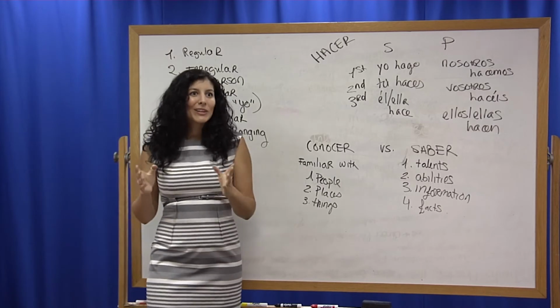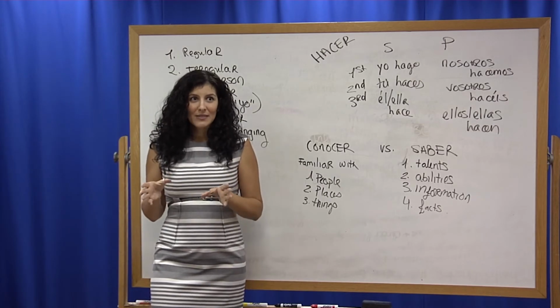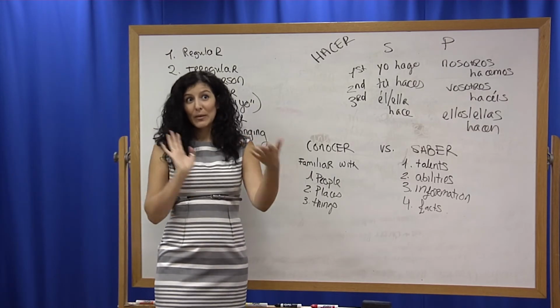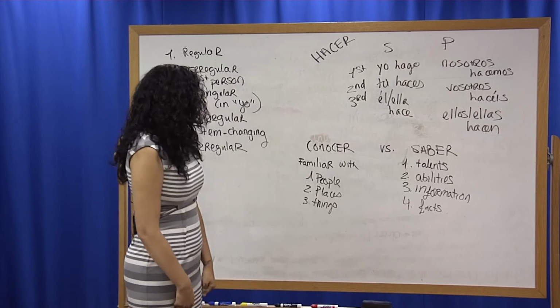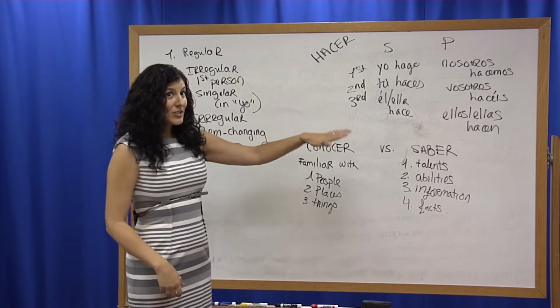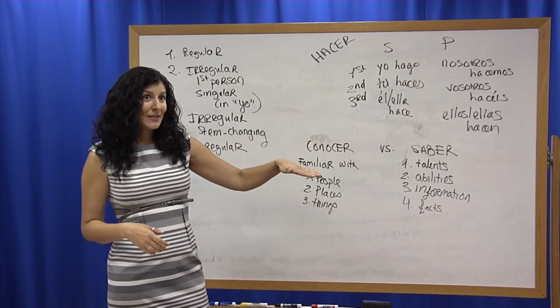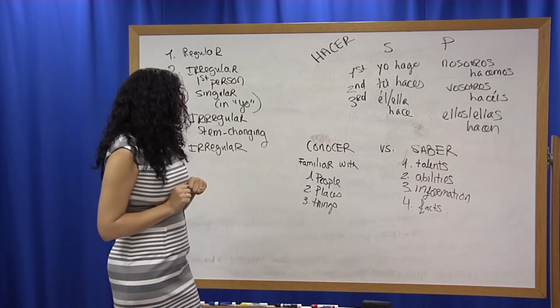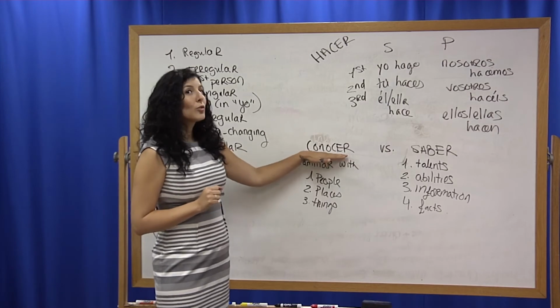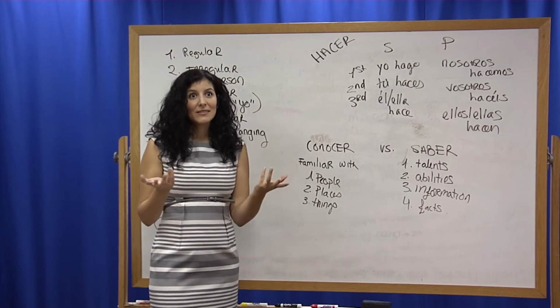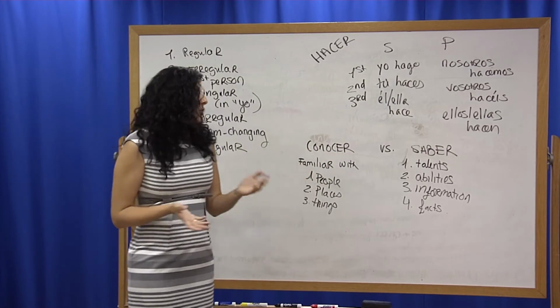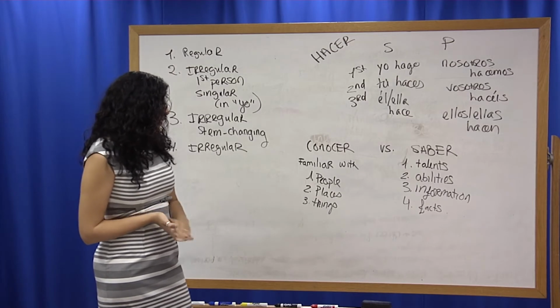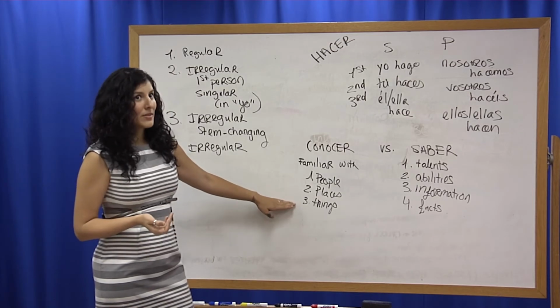So how do we tell what the difference between the two of them is? That is to say, when we use one and when we use another. Well, for their conjugations, you can look in your book on page 98, but I've listed them here just in the infinitive. Situations in which you would use conocer in the sense of to know: you would use it when you are familiar with people, places, or things.